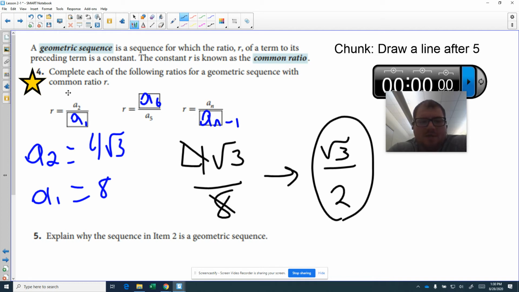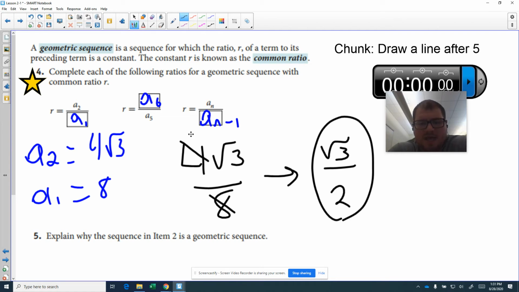Now, this information in front of you is basically describing how to find the actual ratio. In any geometric sequence, if I take a term and divide it by the previous one, it will always come out to be the ratio. So notice how a of 2 divided by a of 1. If I took a of 2, which was 4 square root of 3, and a of 1, which was 8, and divided them out, 4 divided by 8 would just become 1/2, or the 2 on bottom, and it would give me this value, okay?